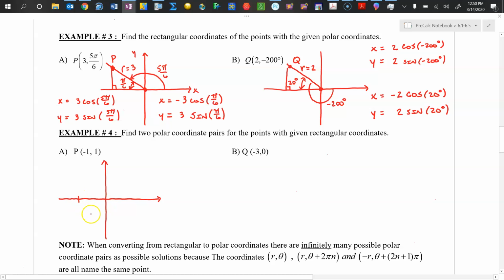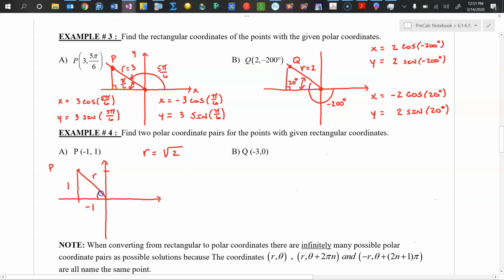So move 1 in the negative x direction, move 1 in the positive y direction, plot point P here. And I am going to draw a reference triangle that has a horizontal component of negative 1, a vertical component of positive 1, and using the Pythagorean theorem, R, the hypotenuse of that right triangle, would be equal to the square root of 2.